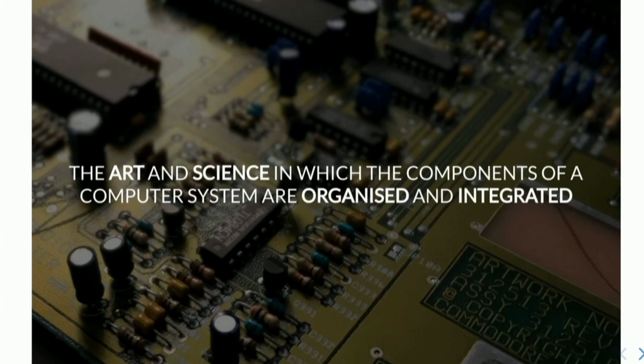Not as in, you know, painting something with the computer, but our code is beautiful, or it can be. And the other two interesting words here are organized and integrated, because a system architecture, when it comes to computer science, is all about where components of the system are and how data flows between them. So this is the integration part.